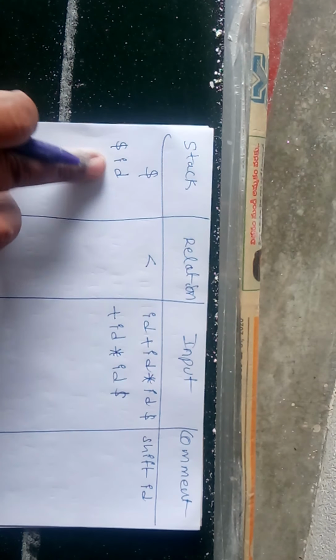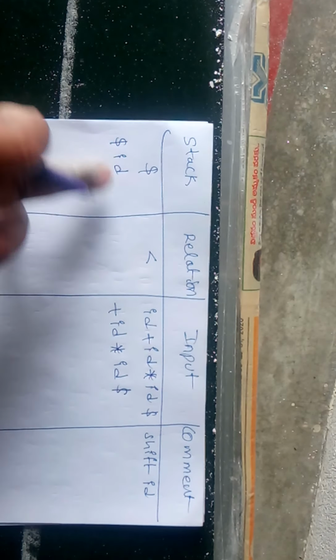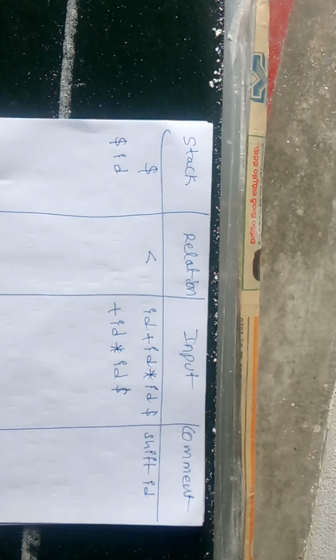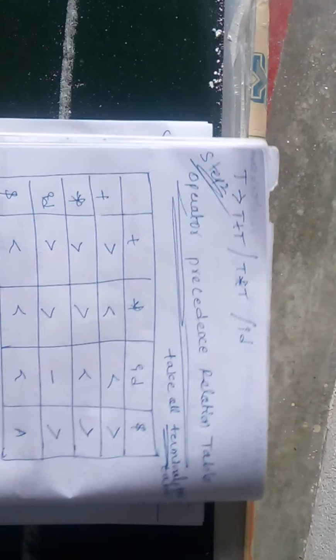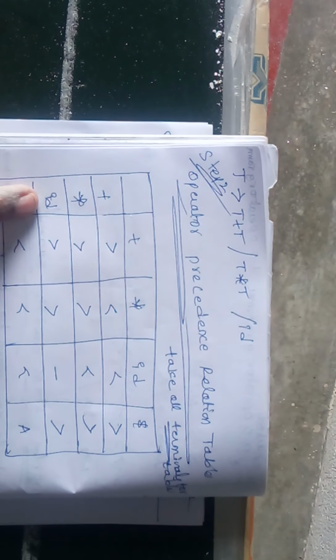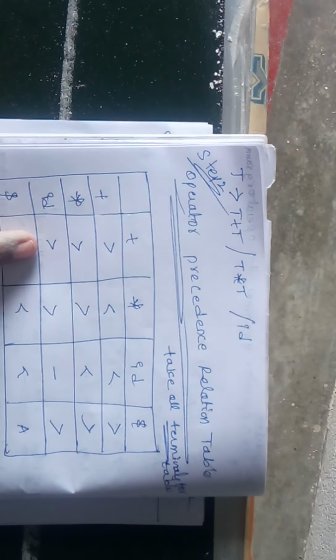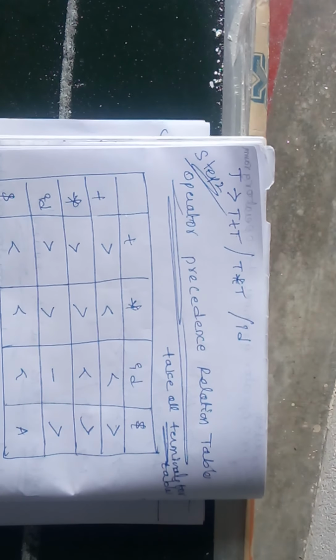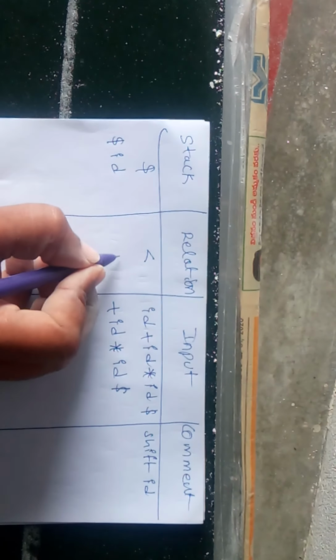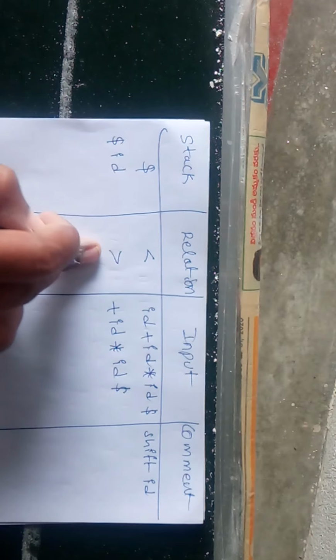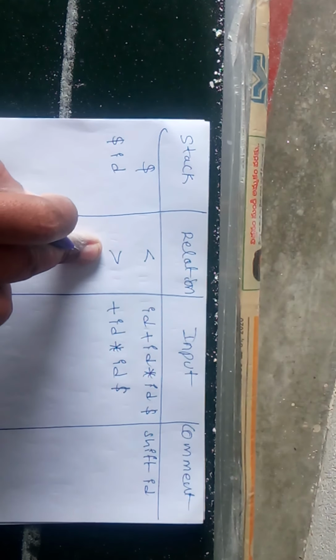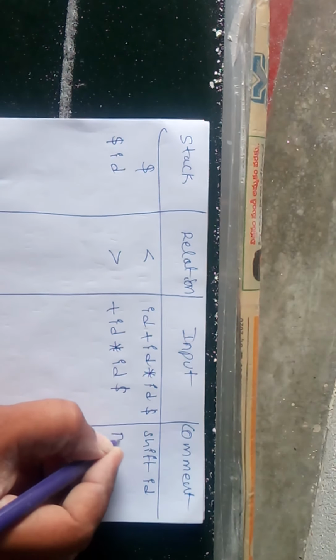Then compare id with plus. In the previous table we already have id with plus, that is this symbol, which means id is given higher priority. Whenever we get this symbol, we write reduce.